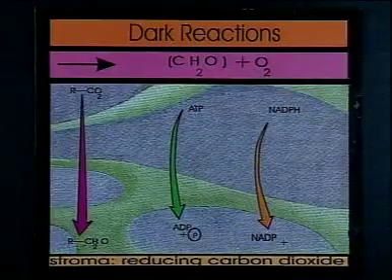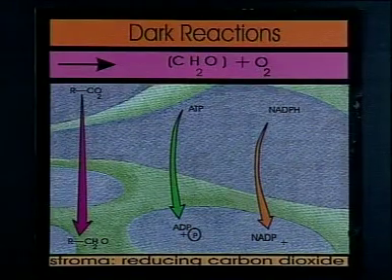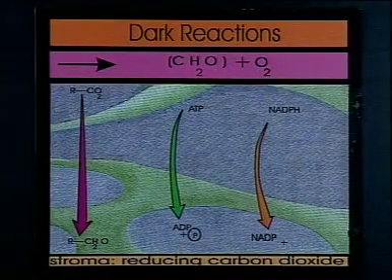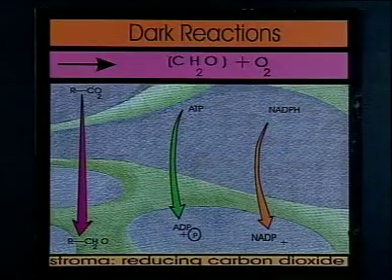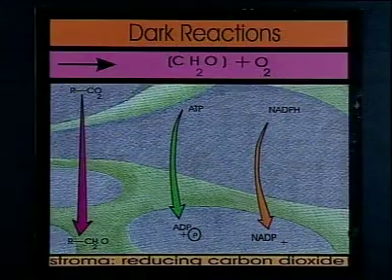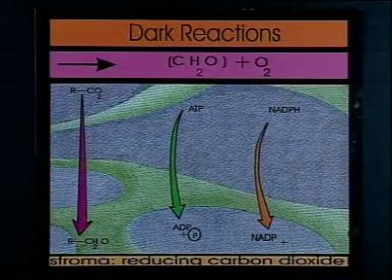The next important set of reactions are the light-independent or dark reactions. At this stage of photosynthesis, the NADPH and ATP molecules produced as a result of light reaction are used in the reduction of carbon dioxide.